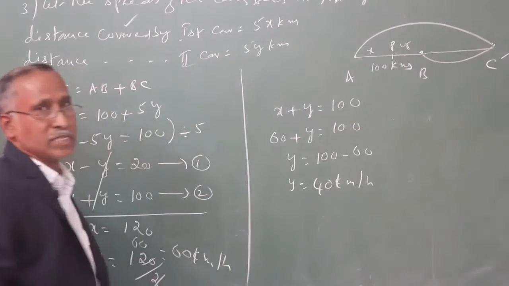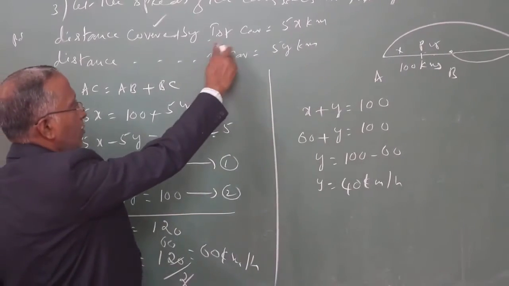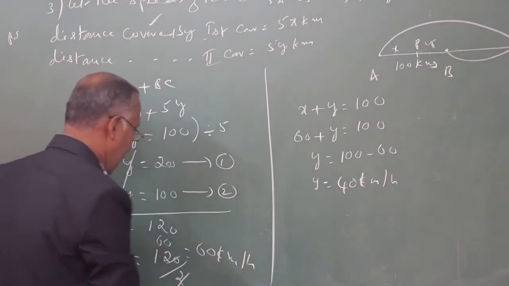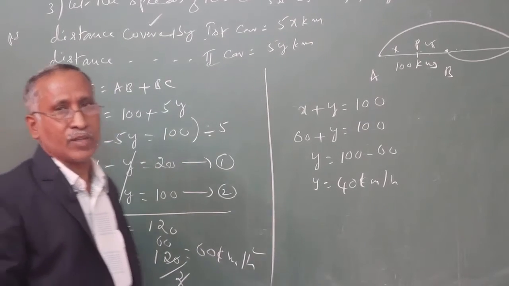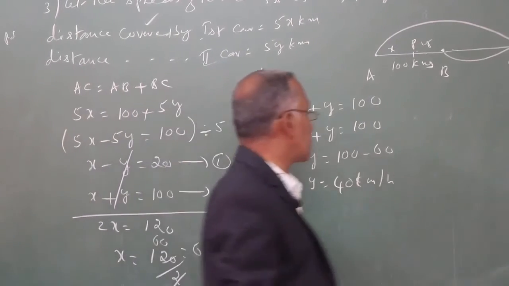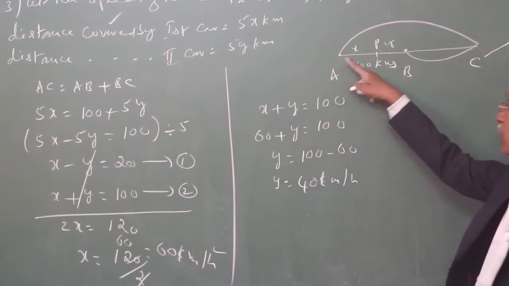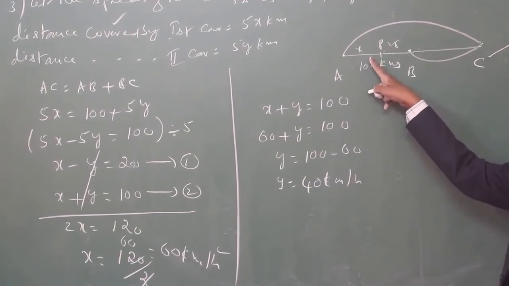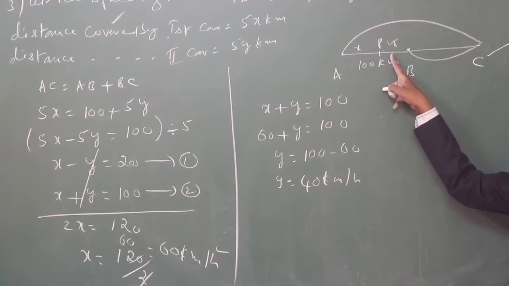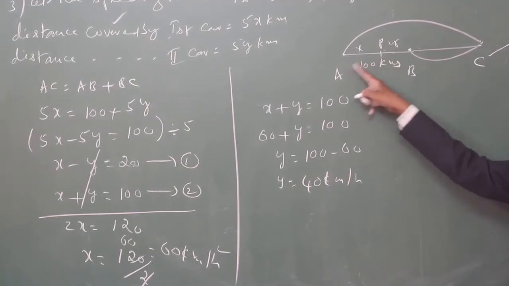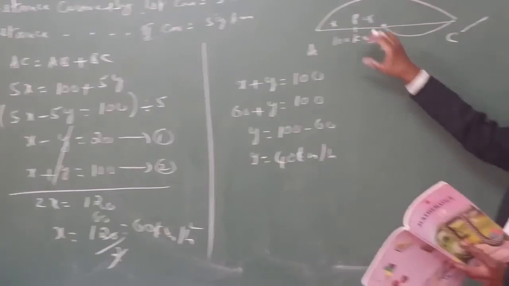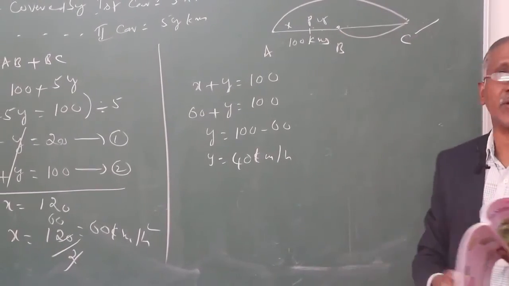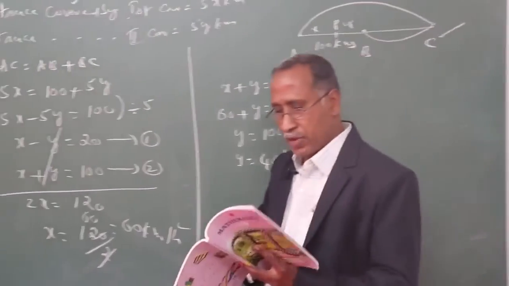Therefore, the speed of the first car, x we have taken, x is equal to 60 kilometers per hour. Speed of the second car is 40 kilometers per hour. Look at this now. It is covering 60 kilometers in 1 hour, the other is covering 40 kilometers. 60 plus 40 is equal to the distance between these two places. This is the way we have to find out the sums. While doing these sums, drawing a rough figure is very important for you people. This is the way you have to do it.